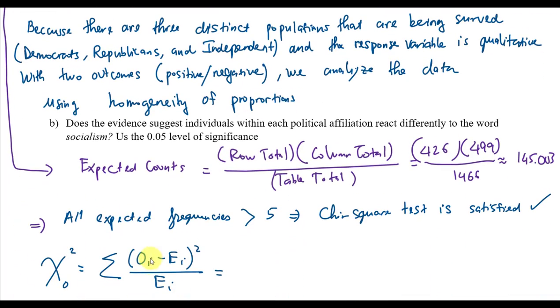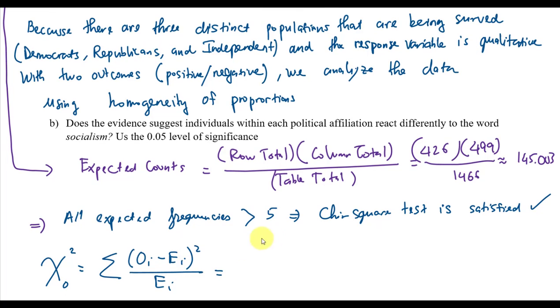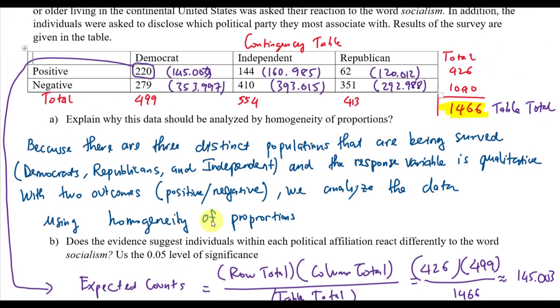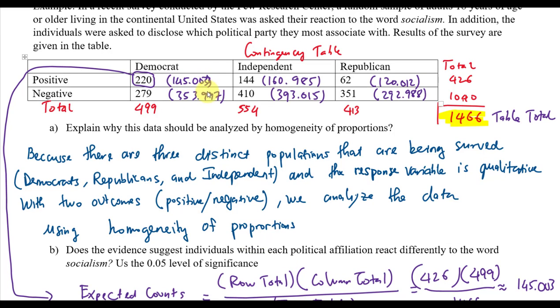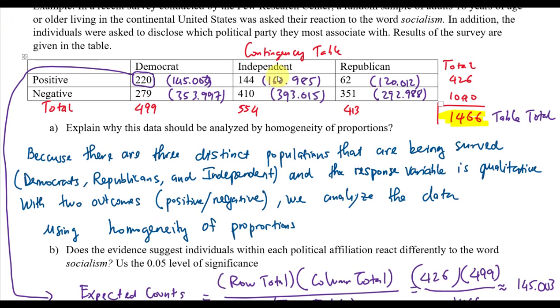For the first one, O_i is the observed, I have 220, and the expected value is the one we found using the formula, 145.003. Then square that, and the same number I rewrite down here. This is the summation, so I just keep adding all of the cells together. I do the same thing for this one, this one, this one, this one, and the last one.